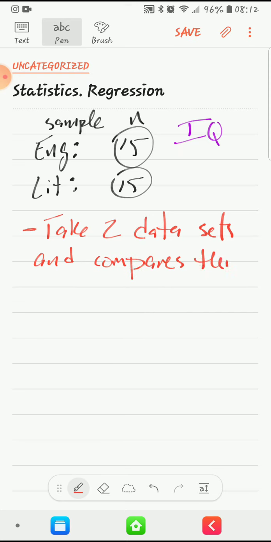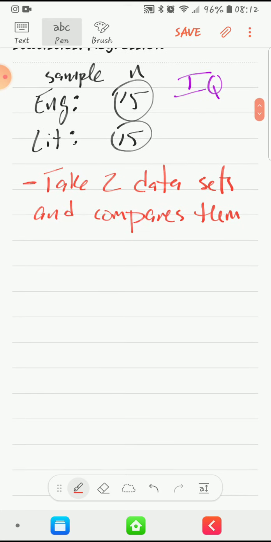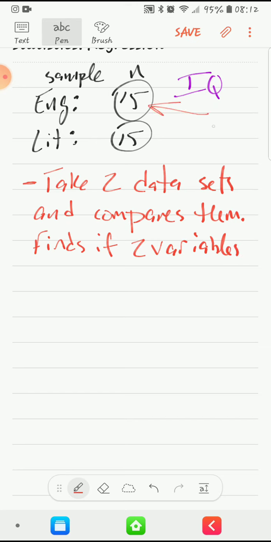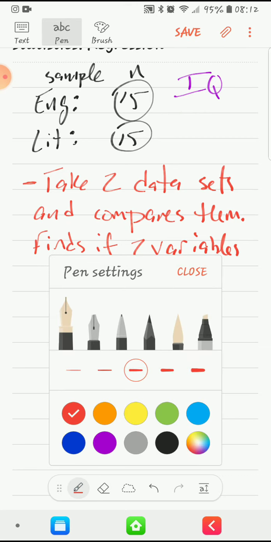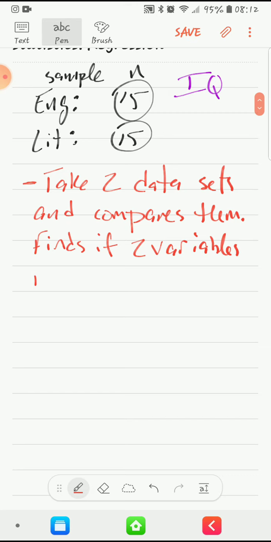It does do that, but the point of regression is to determine if the two variables are related to each other. In this case, we're talking about the IQ of the engineers versus the IQ of the literature students. We're trying to see if the two variables are related.